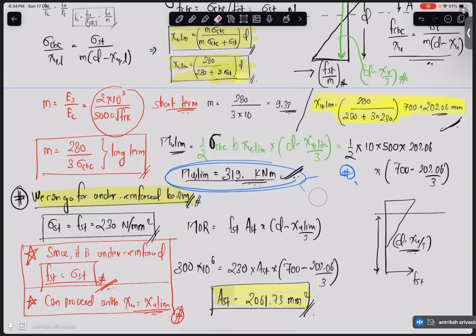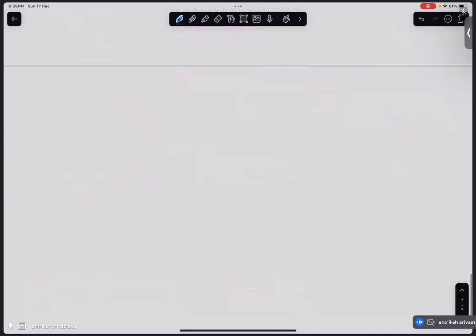And when we have to design an over reinforced beam, we cannot use XU limiting to calculate AST. We would have had to calculate our XU again, which will be the actual depth of neutral axis. And how will we do that? Let me quickly go back here.